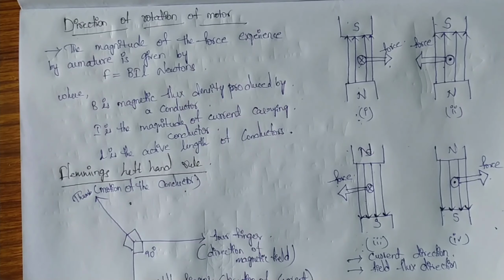So these are the methods to change the rotation of a rotor, by changing the field flux direction or the current direction.